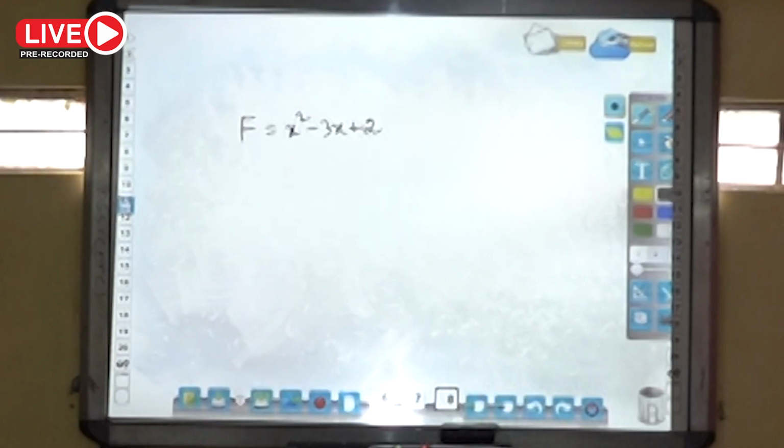So this value has to be substituted here to find the minimum. The answer is minus 1 by 4.